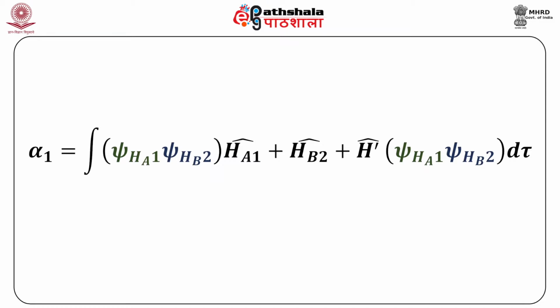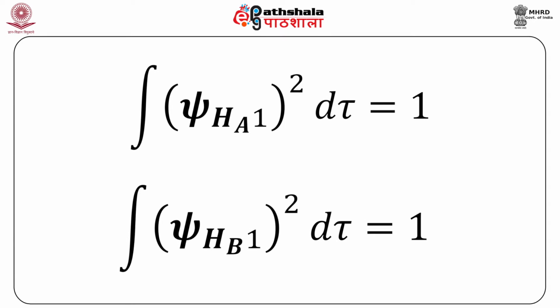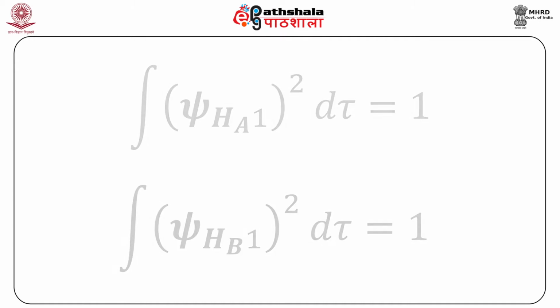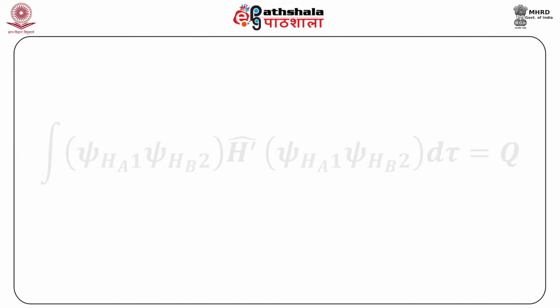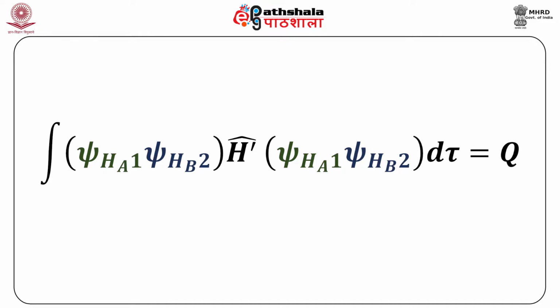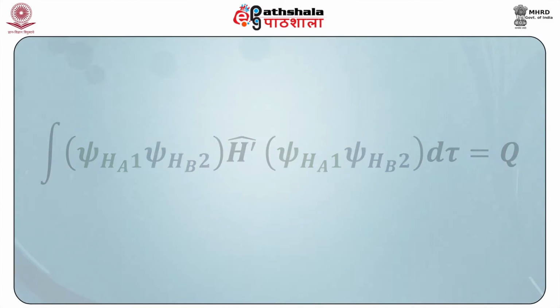If we solve this with further simplification, substituting integrals which represent the normalization conditions, one notices that ultimately alpha 1 becomes equal to 2EH, which is 2 times the energy of the hydrogen atom, plus Q. Q is here the integral psi Ha1 psi Hb2 H prime cap psi Ha1 psi Hb2 d tau.